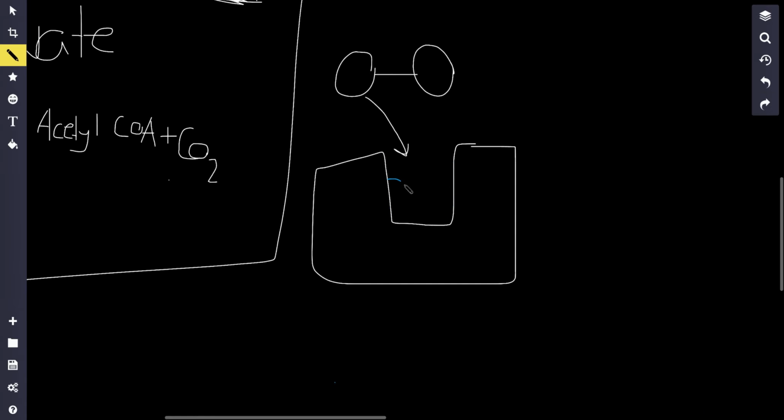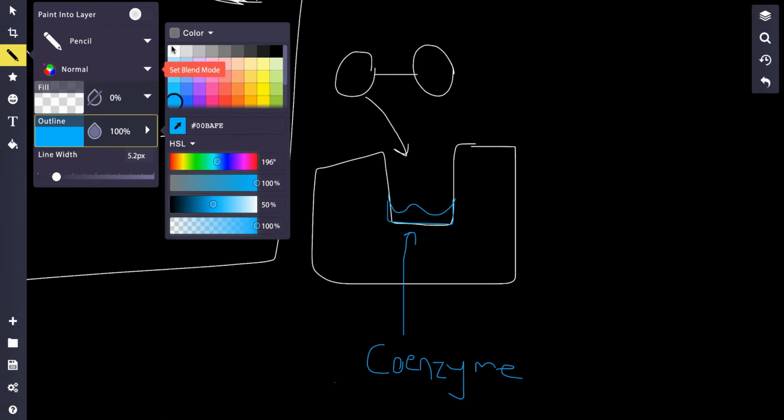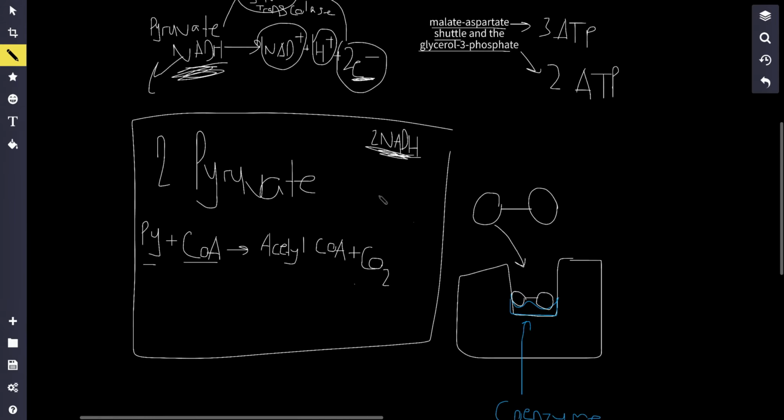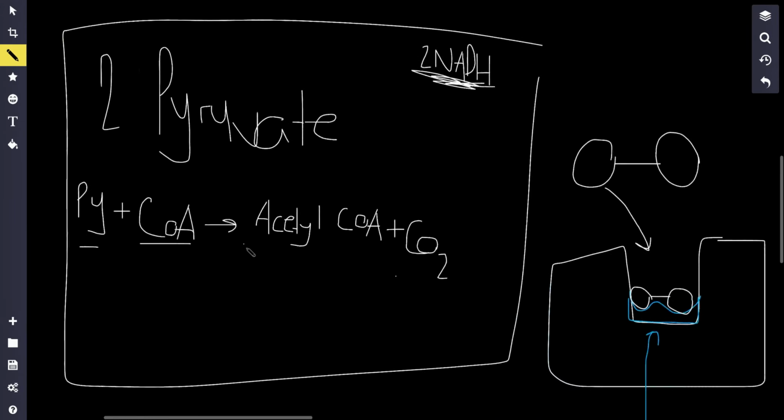Let me do a better drawing of this. Something like this. So this would be the coenzyme right over here. And now when I place my compound inside, the bond breaking has been assisted by my coenzyme. It just helps with the shape of the enzyme and everything.